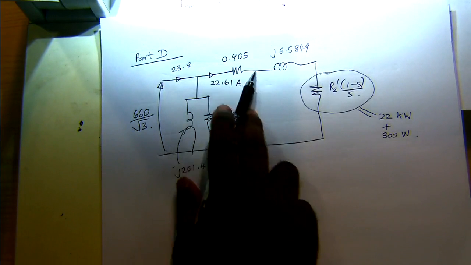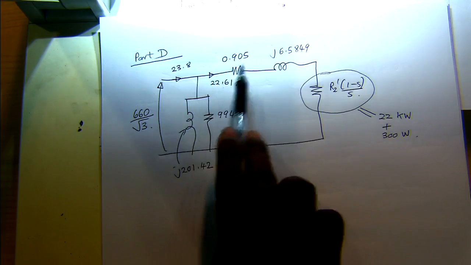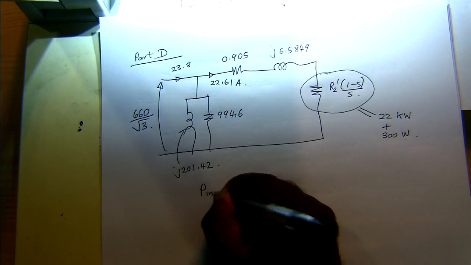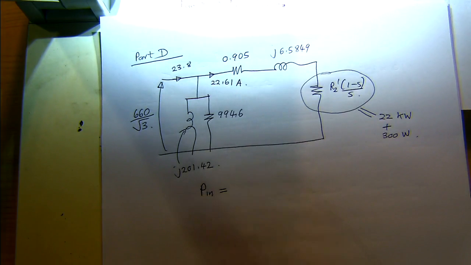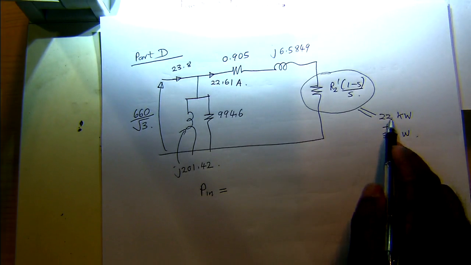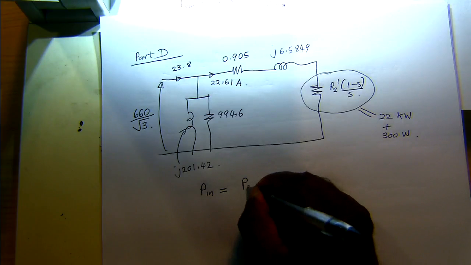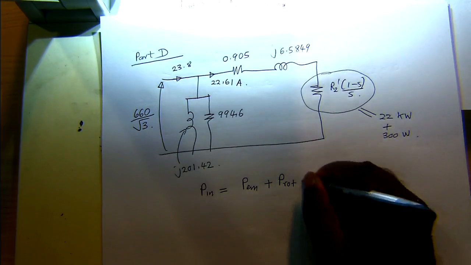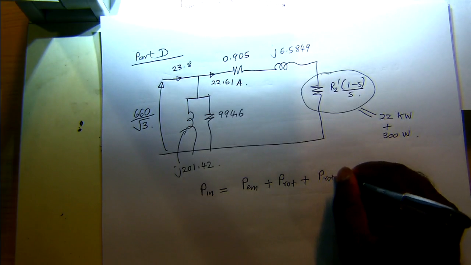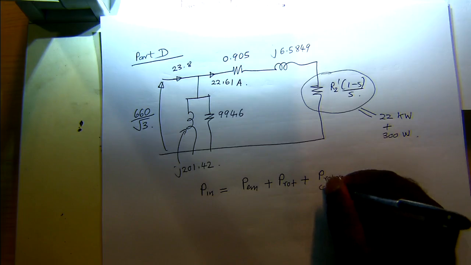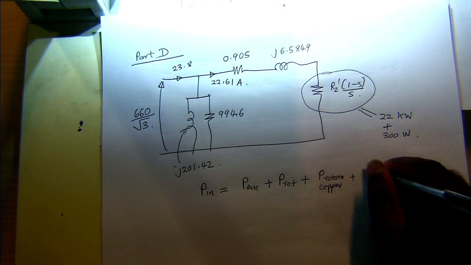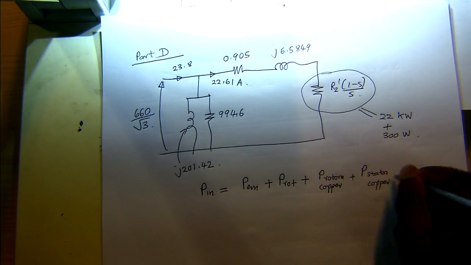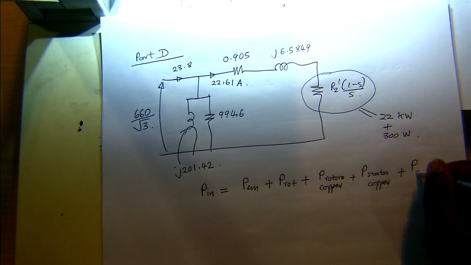So from this information, we can figure out the power, let's say P in. That includes the electromechanical power, PEM, plus the rotational losses, and the rotor copper losses, and the stator copper losses, plus the core losses.